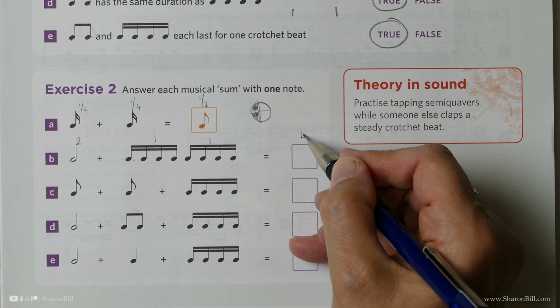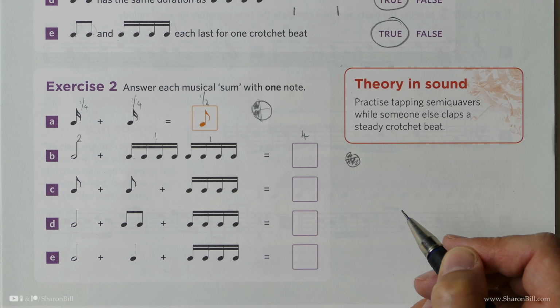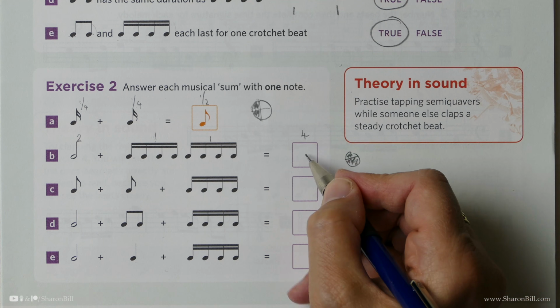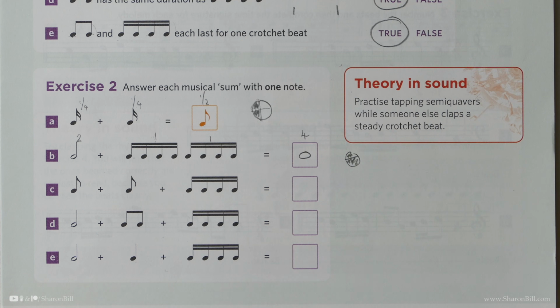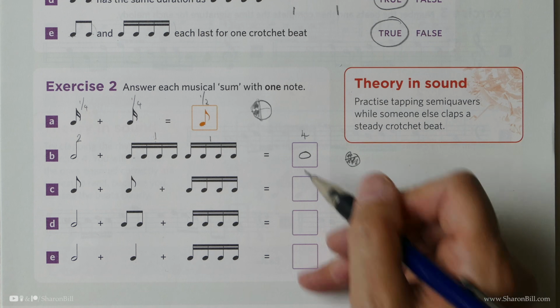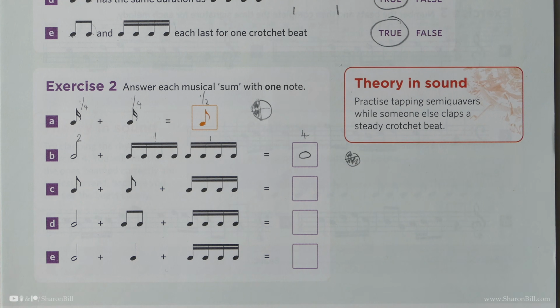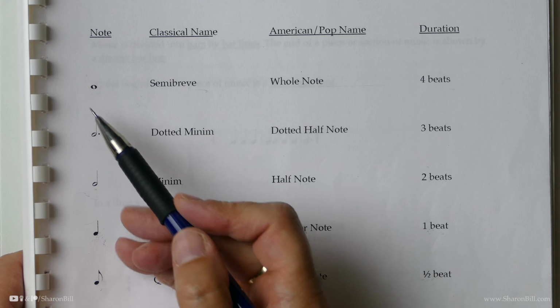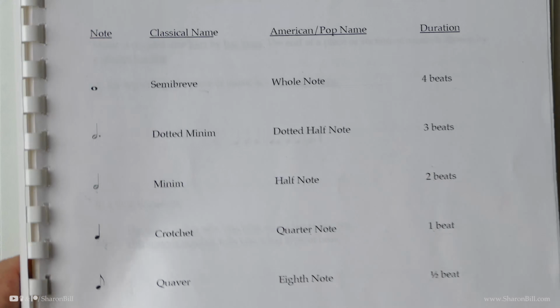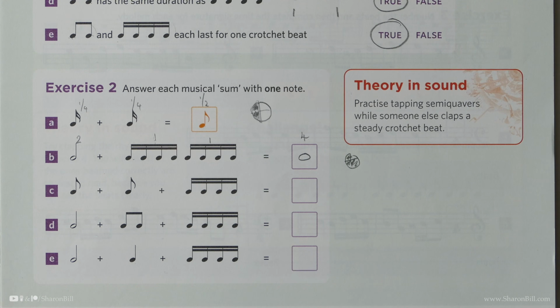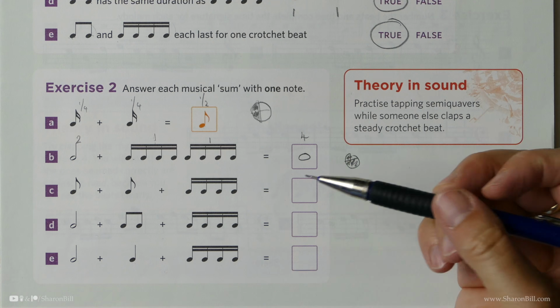So we need to add a note here that's worth 4 beats. And if you remember, that's our semi-breve. So a little bit of revision for that as well. We can see there's our semi-breve with 4 beats.